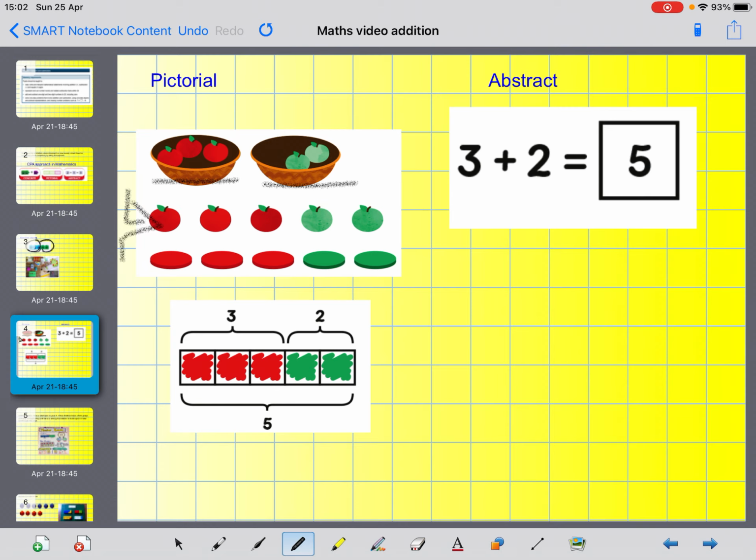And then we use the counters to also help us to see visually. And then we'll move on to the abstract, which is our number sentence. We might say 3 add 2 equals 5.